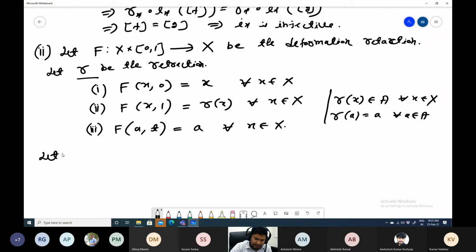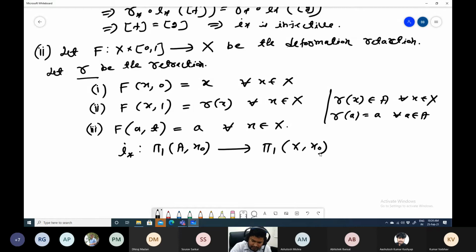Now what do you need to prove? We have i star from pi 1 of (A, x0) to pi 1 of (X, x0). We know that it is injective, right? Now we prove that this is surjective. That means we choose a path from this side and we will get a pre-image.